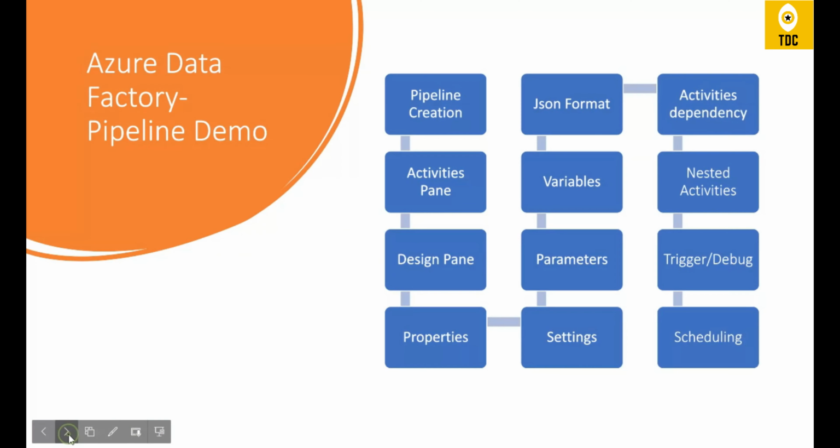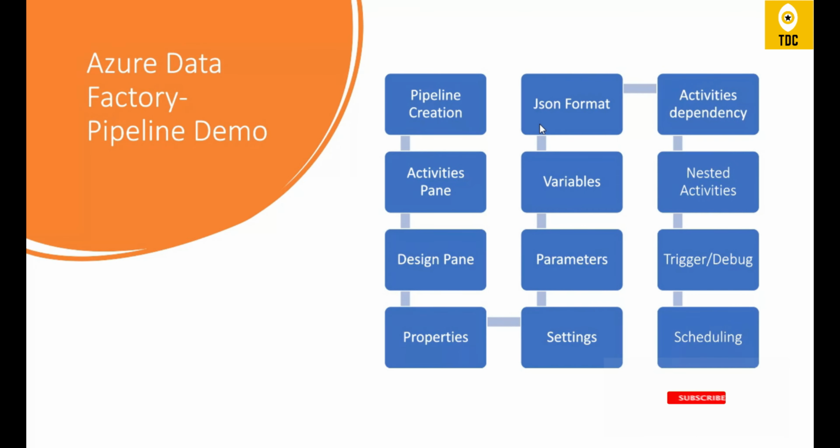So next, let us go to the demo part. In the demo, what we expect to see is how to create a data factory pipeline, and what the different activities in the activity pane are, and there is a design pane, and there is a properties section. So there are settings, pipeline level parameters, and pipeline level variables.